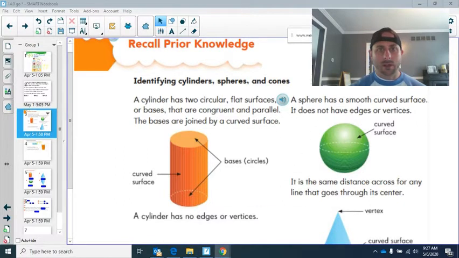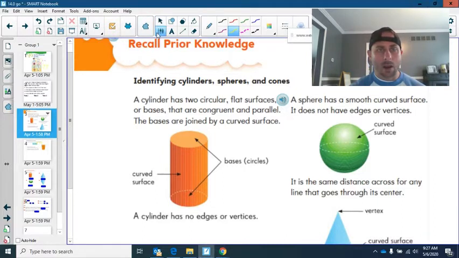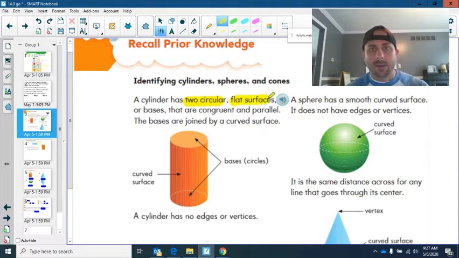So a cylinder has two circular flat faces or bases.